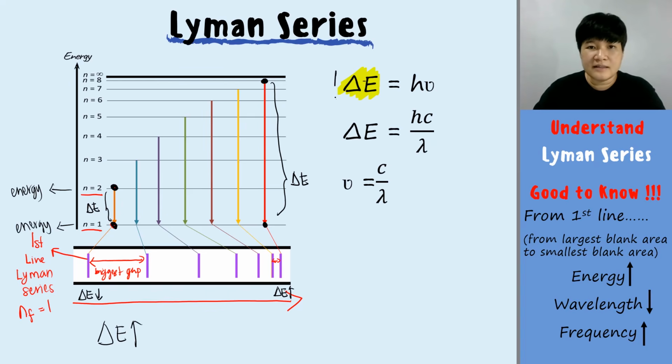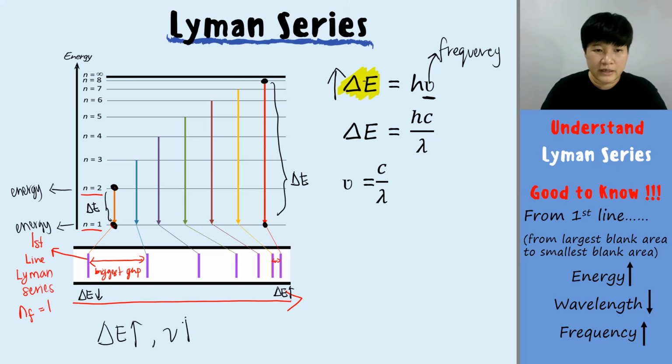Since the delta E right now increases, what happened to the frequency? Frequency over here is your nu. So the frequency will also increase because they are directly proportional. Delta E equals h nu. When the delta E increases, frequency increases. How about wavelength?